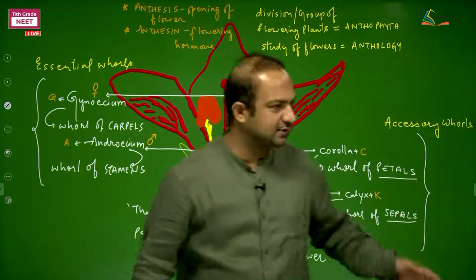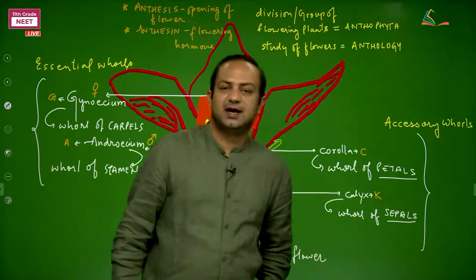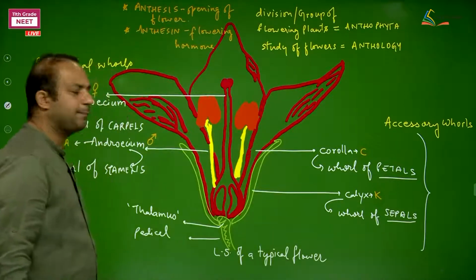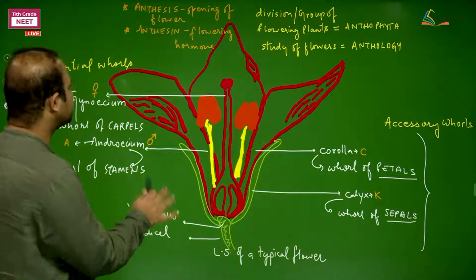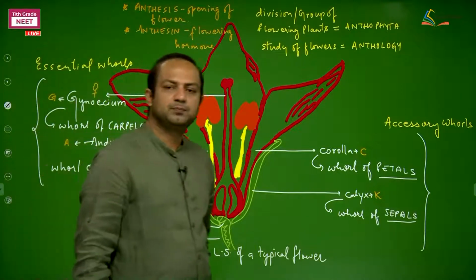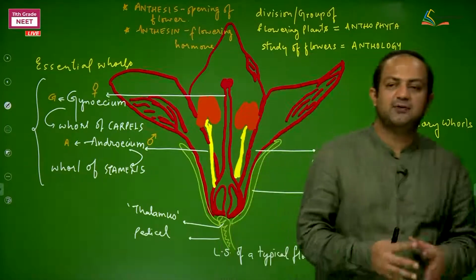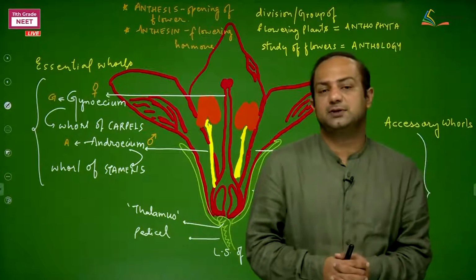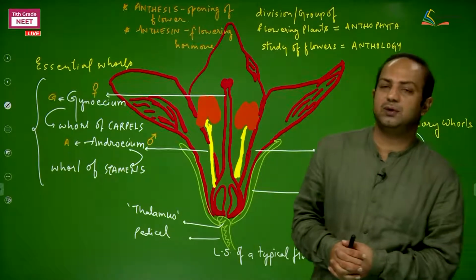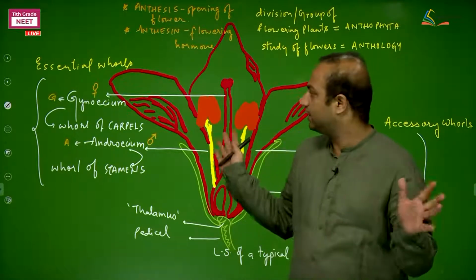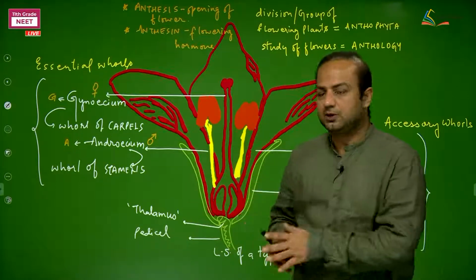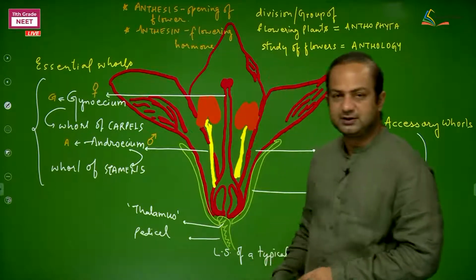As well as the two accessory whorls are present, that is calyx and corolla. Fine. So this is the structure of the flower that we need to remember. Let's go further for this description.